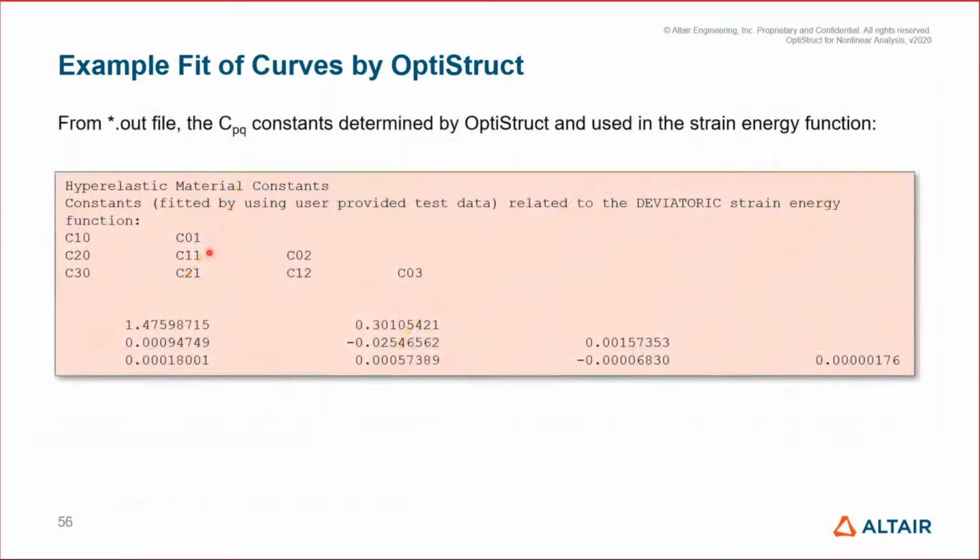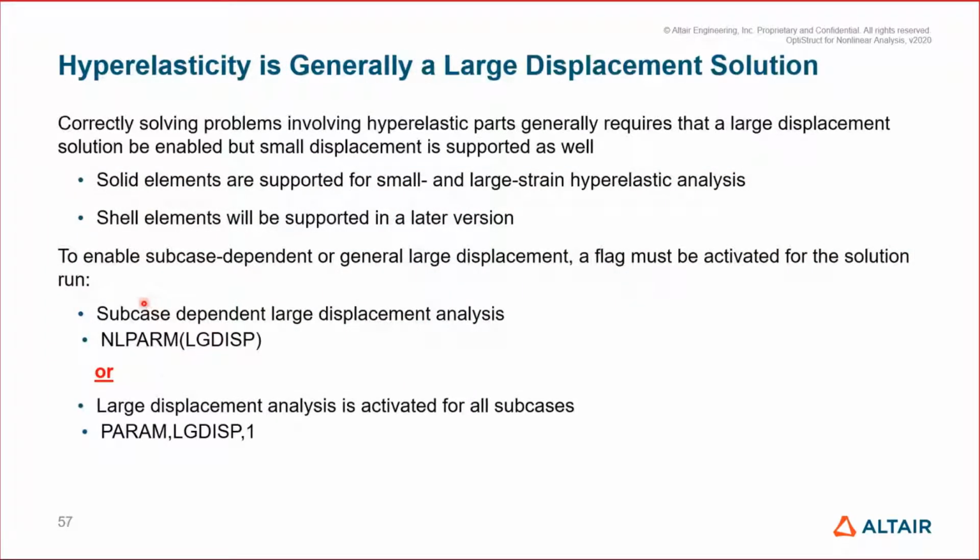If MAT-HE is present in your model, we will perform this hyperelastic material constants fitting and plot it out. We will show you what constants are going to be used to represent your hyperelastic material model. All these constants are printed in the out file.